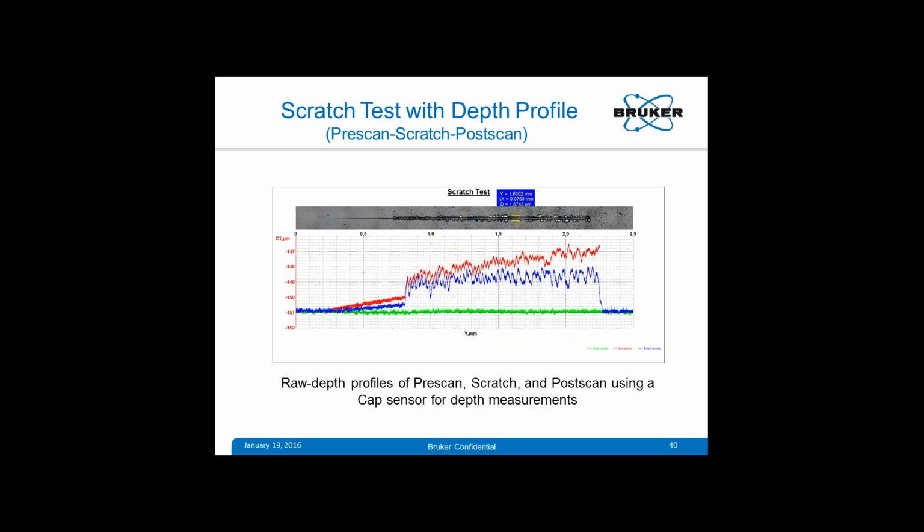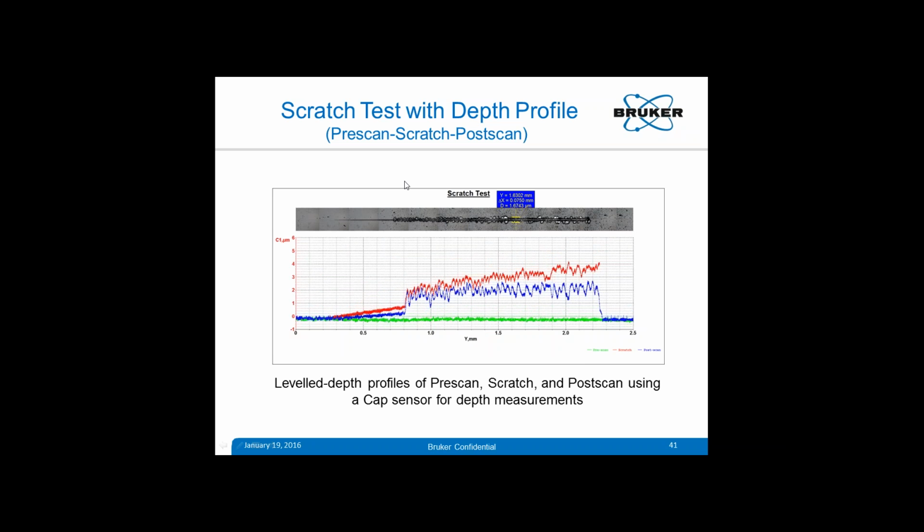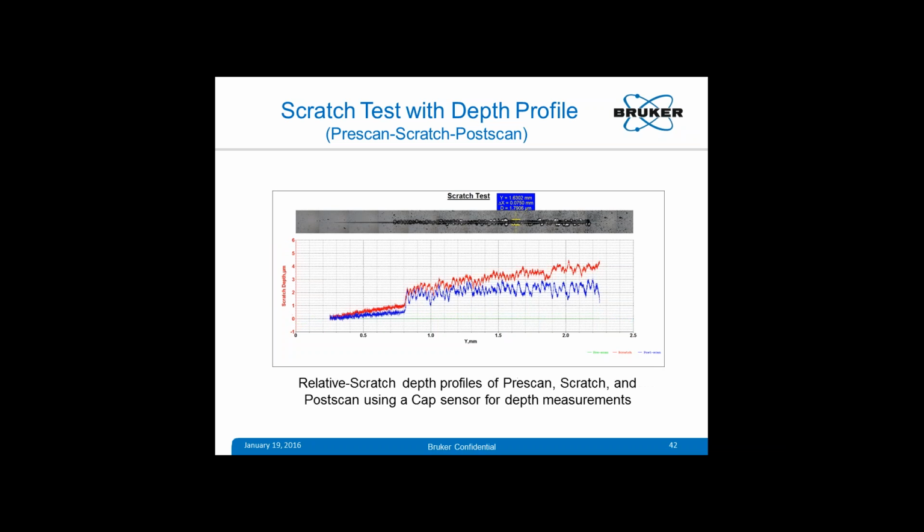After we process this, leveling the depth, the initial pre-scan data is flattened to make it horizontal, to take care of the tilt, and it shows this. After making the pre-scan data 0, you see the relative scratch depth. There are only 2 lines here because the other one is 0, so you don't need it.